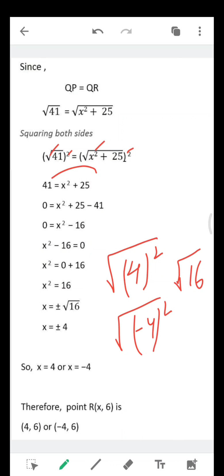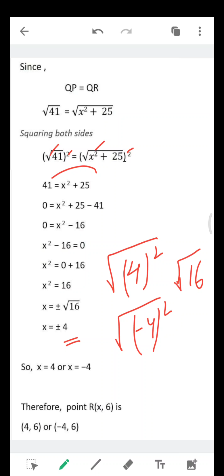So that is the reason we say the root of 16 can be plus or minus 4. We'll not take this in every problem. Plus or minus is taken in few cases where it is possible. So here, in the case of a graph in coordinate geometry, the value of x can be positive, it can be negative also.